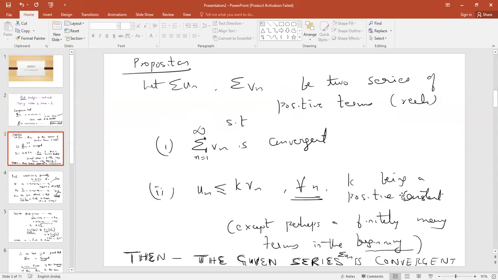So here's a proposition about this comparison test, and we are going to further generalize this to a limit form, which is more often important.